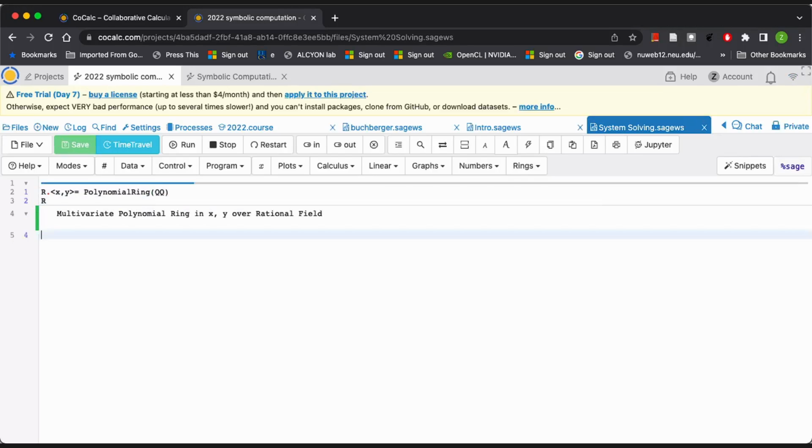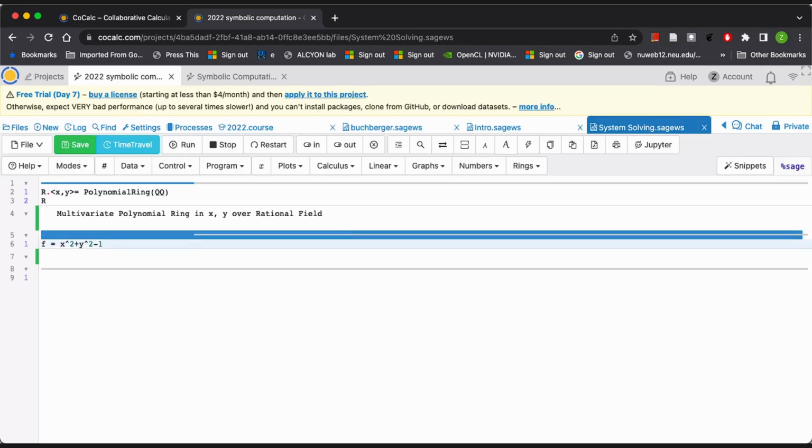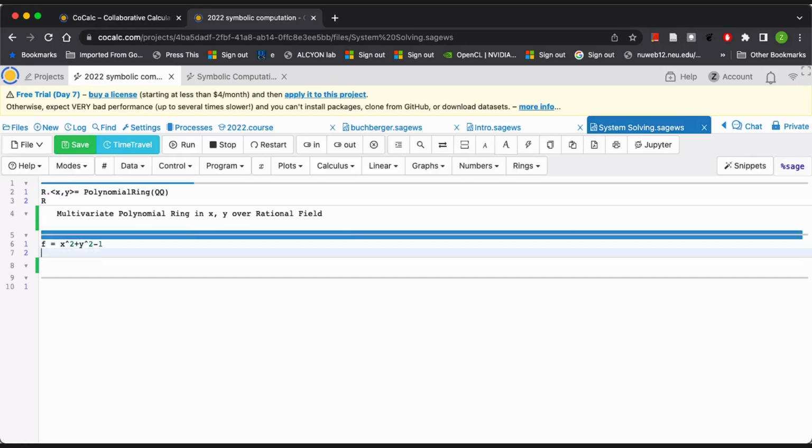And now, let's say that I want to study two curves. The first curve f is x squared plus y squared minus 1. That's a polynomial, right? In two variables.